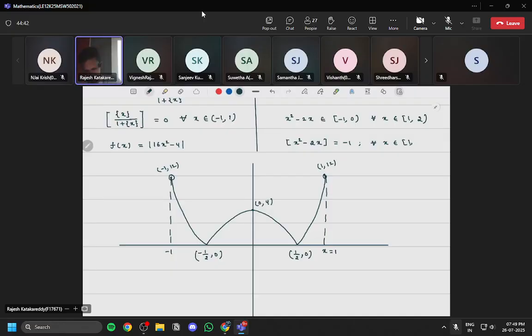So next, in the interval 1 to 2, it is −1. So 1 is included, 2 is not included.